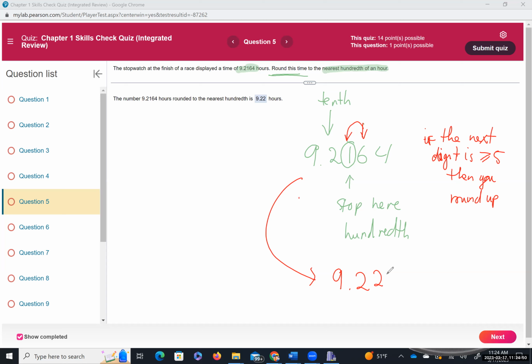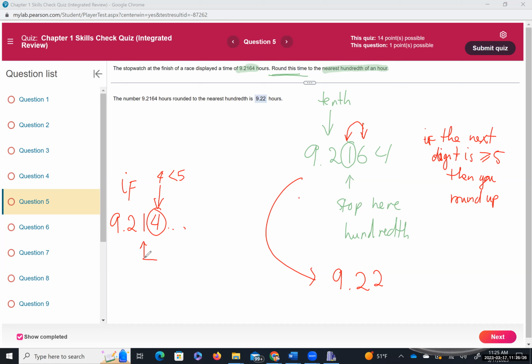Okay. So when will you not round it up? For example, if it were 9.214, right, and so on, then you know that the next digit I have is 4, which is less than 5. So you stick with 1.